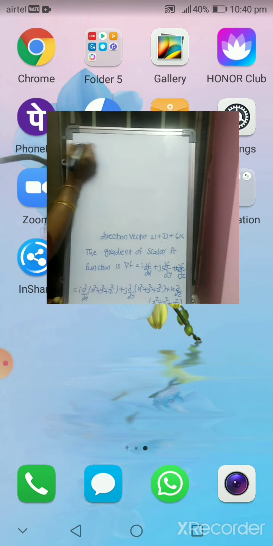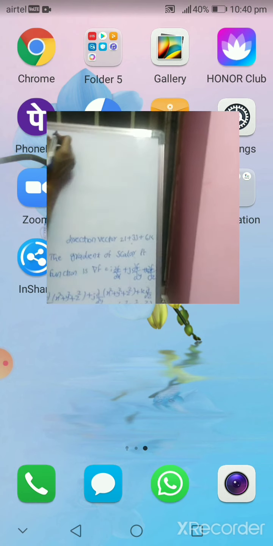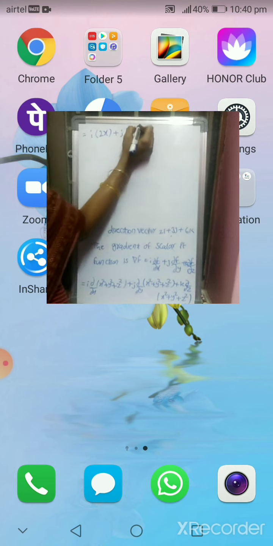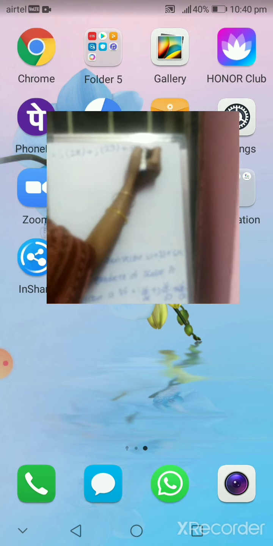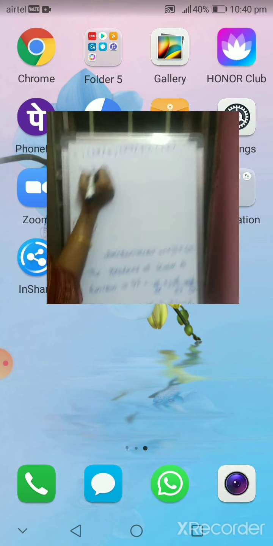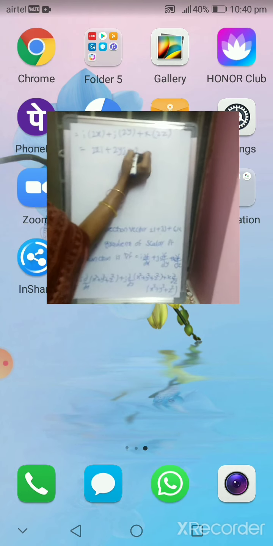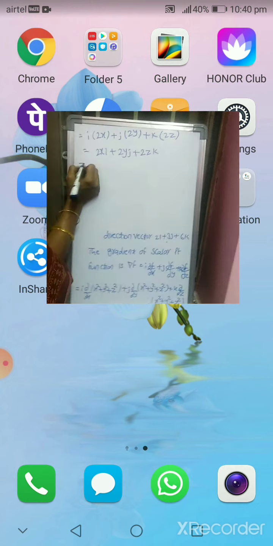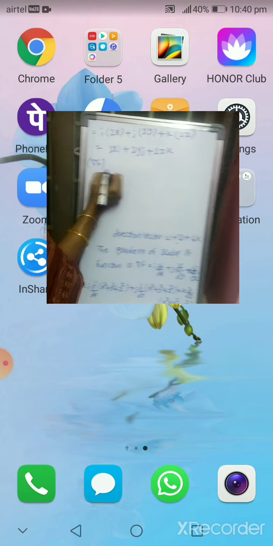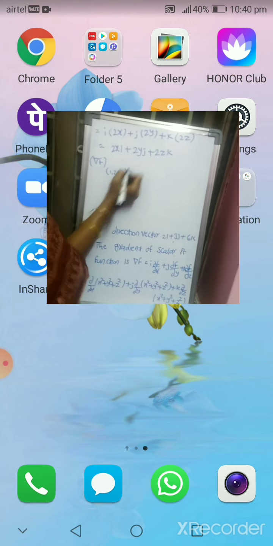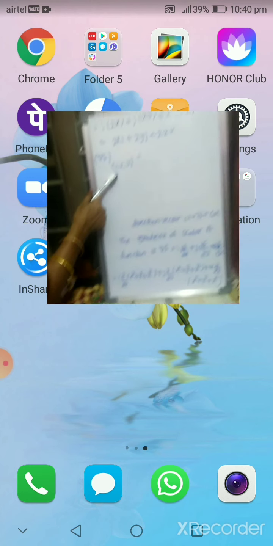So that is equal to i with respect to x, 2x, plus j with respect to y, 2y, plus k with respect to z, 2z. So 2x i plus 2y j plus 2z k. This is the grad f. At the point 1, 2, 3, we substitute 1, 2, 3 in place of x, y, z.